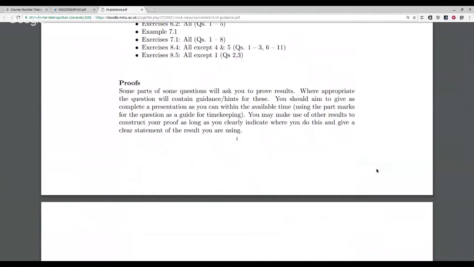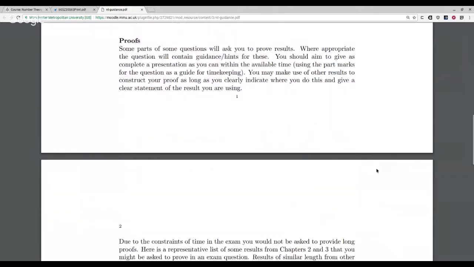Sometimes you're asked to give proofs, and as appropriate, there's often some guidance, hints or direction worked into the phrasing of the question. Do take account of those, and do follow the instructions. I'm normally putting those there to help you and to guide you.